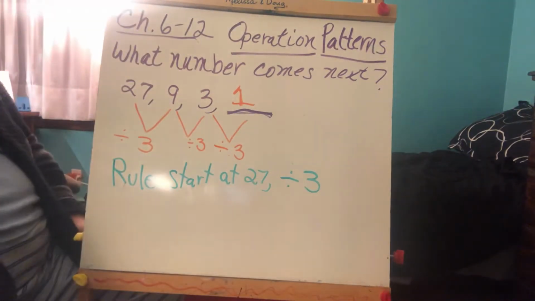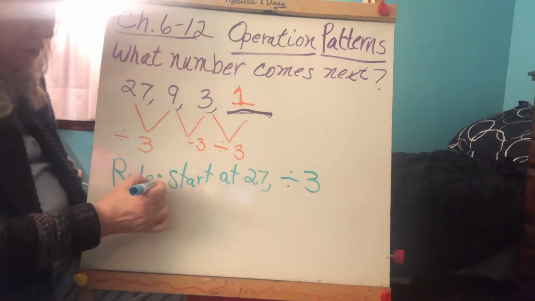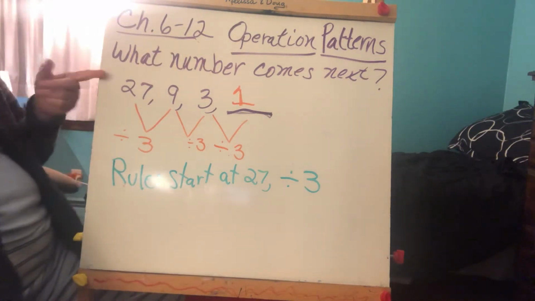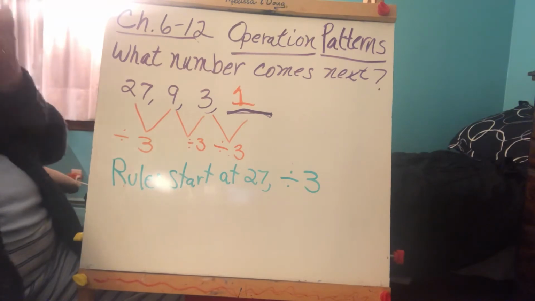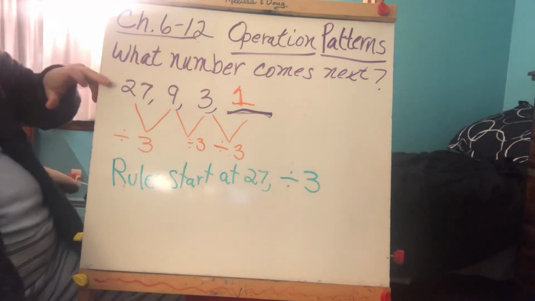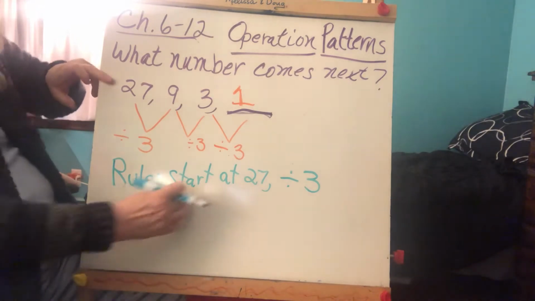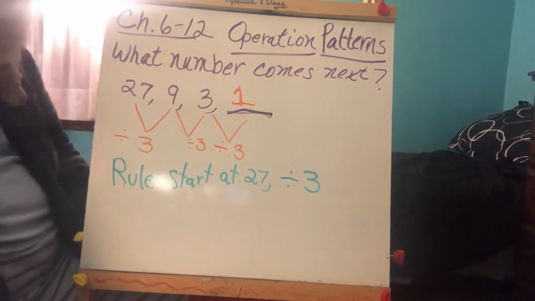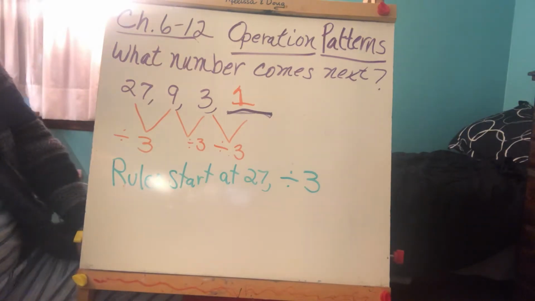That's the rule. For a rule, you always have to put what number to start at. Otherwise, I could pick whatever number I want to start with. So you have to start at 27, then the operation is divide by 3. And then it would give you the next number in your pattern, which would be the number 1.